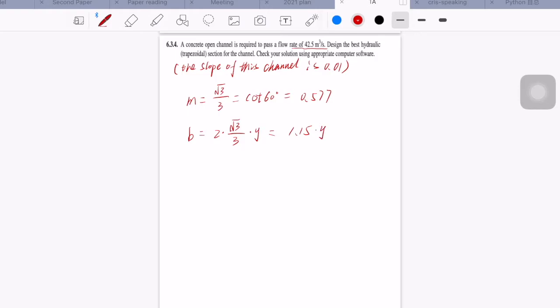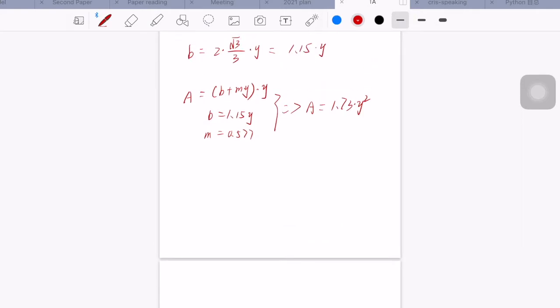And then we will use the table 6.1 in the textbook, and we know the area of the trapezoidal section A equals B plus M times Y, times Y, and we know the B equals 1.15 times Y, and M equals 0.577. So we can get that the A equals 1.73 times Y squared.